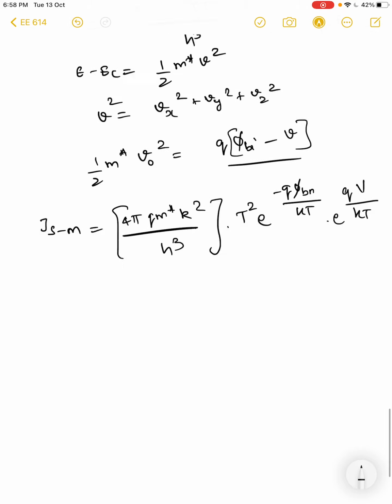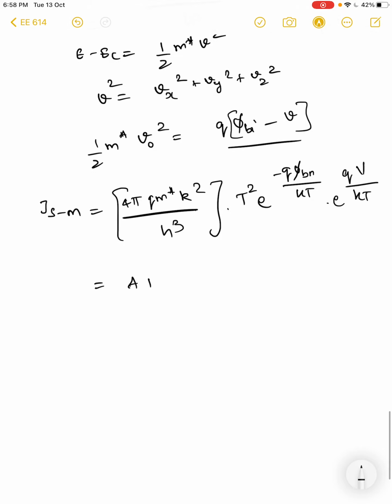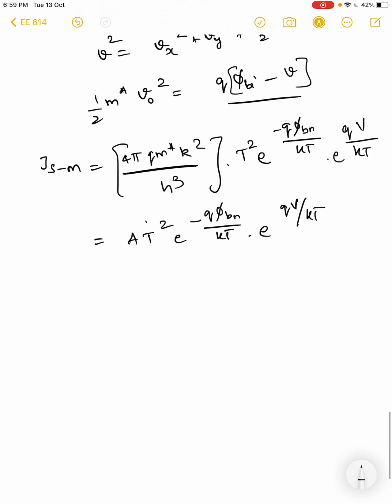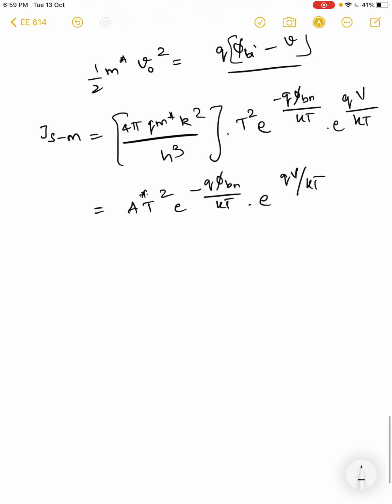And this is typically written as A star T square e power minus q psi bn by kT e power qV by kT, and A star is what is called the Richardson constant, which turns out to be 4 pi q m star k square by h cube.